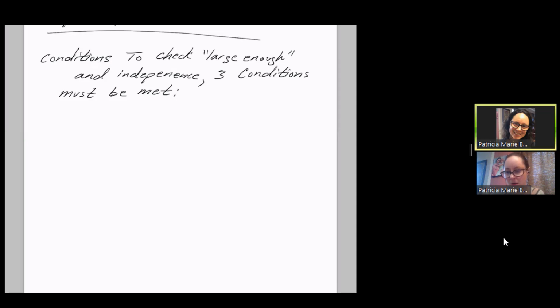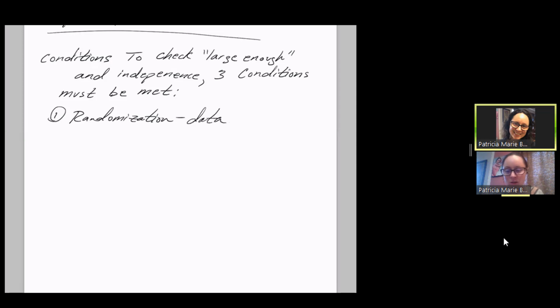Okay. Condition 1 is randomization. I mean, that's almost always a given for our sampling techniques, right? That was back in the beginning when we said, do we even have data that is decent enough that we can look at the data, statistically speaking, or use the data.